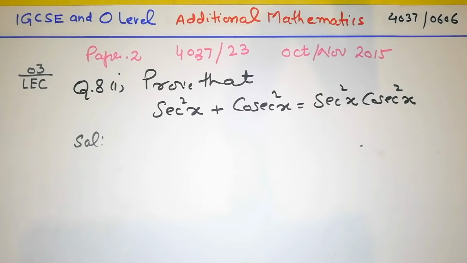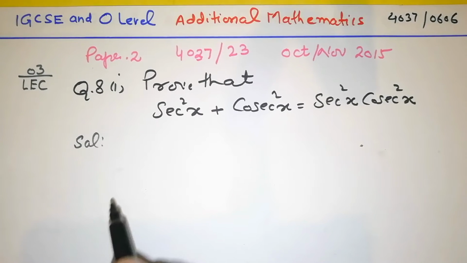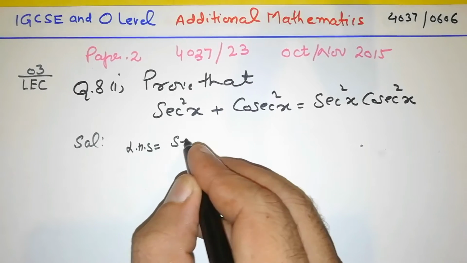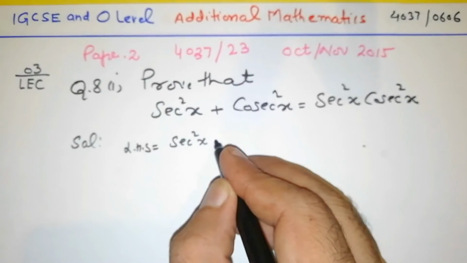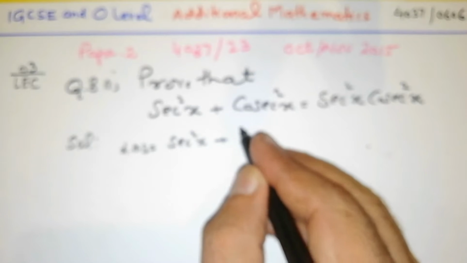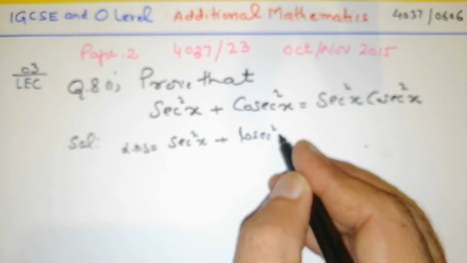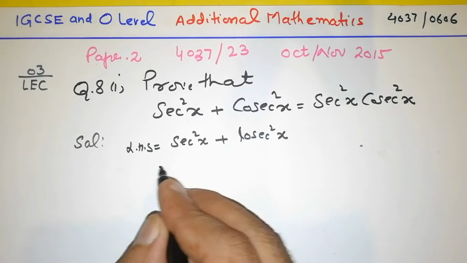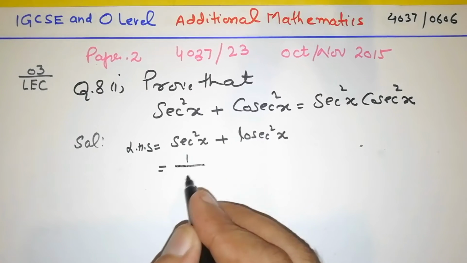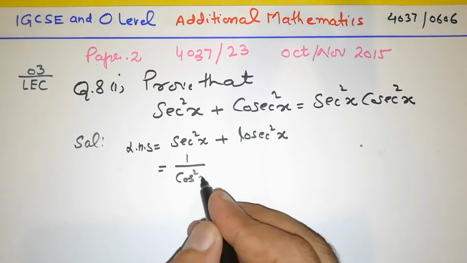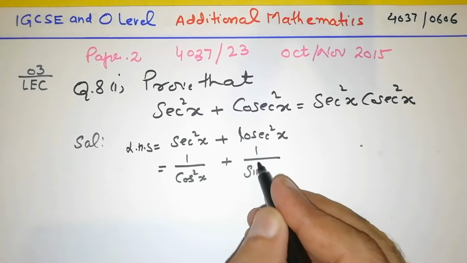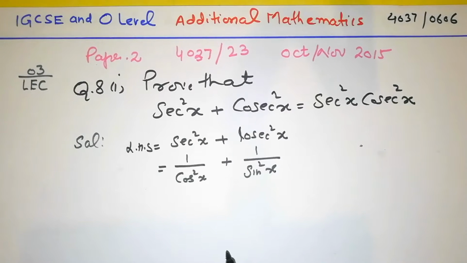We consider its left hand side, that is secant square x plus cosecant square x. So students, you know secant square x is 1 divided by cosine square x, plus 1 divided by sine square x.